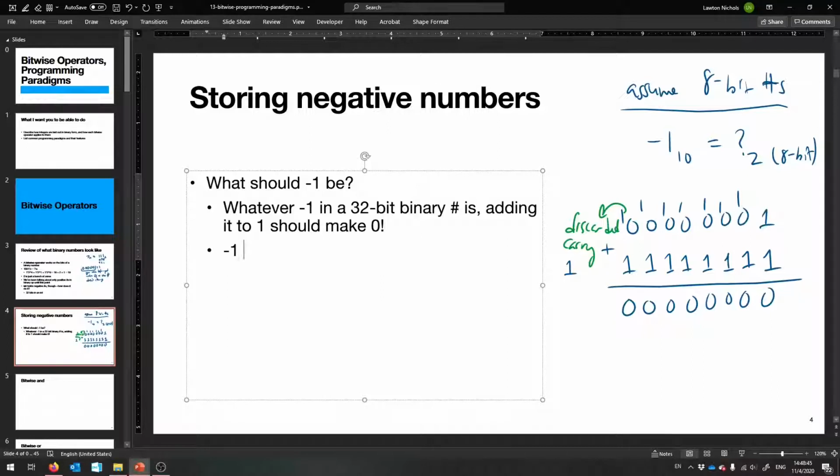So -1 in binary is all 1s. We take advantage of the fact that the last carry operation just disappears. Okay?